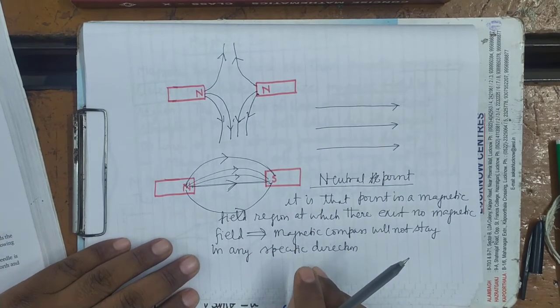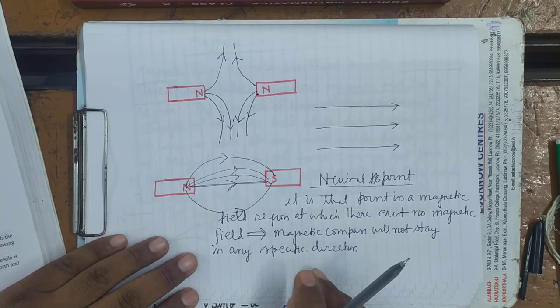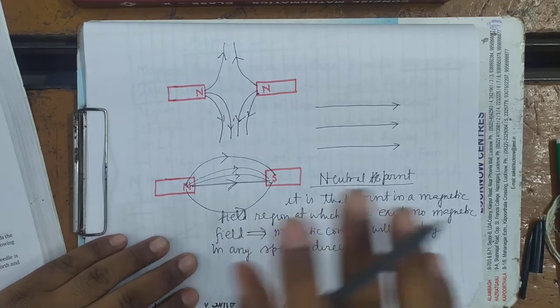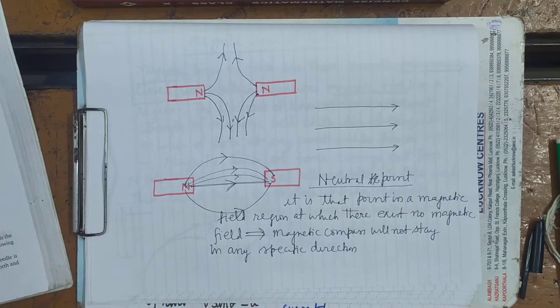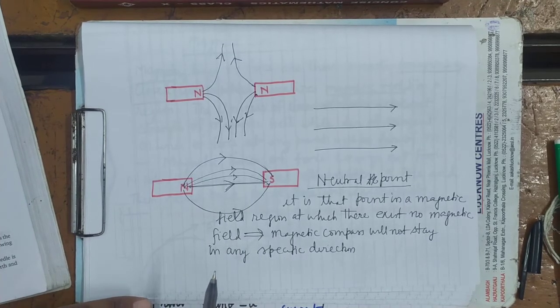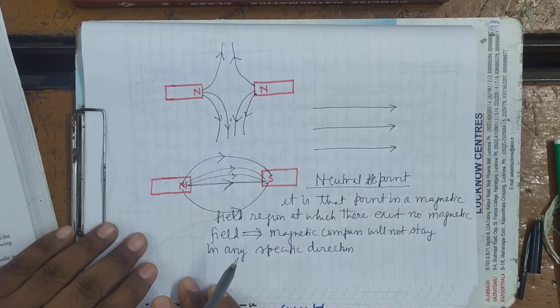But a neutral point can be obtained only when there are two magnetic fields acting in that region. It's clear. If the magnetic field region is produced by only one source, neutral points are not possible. And why?